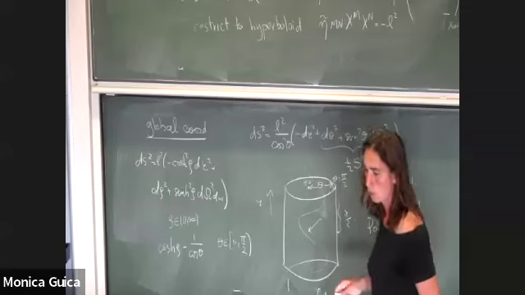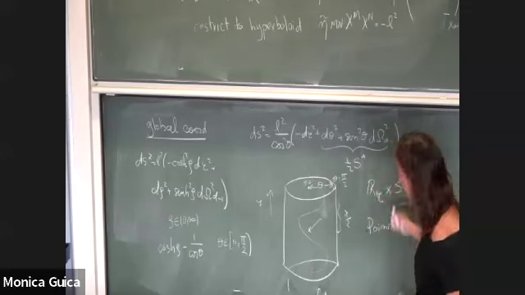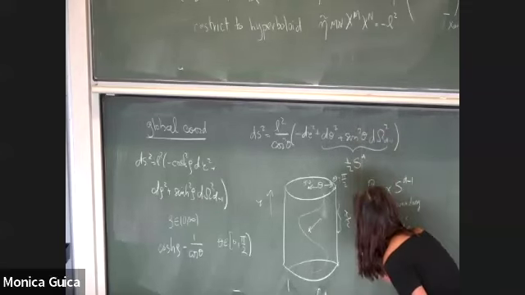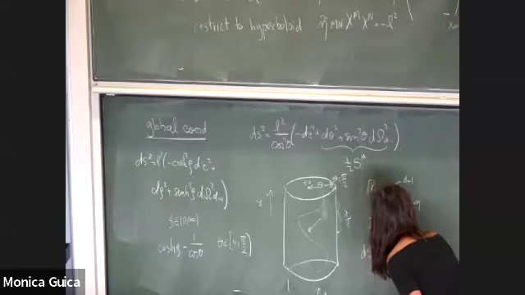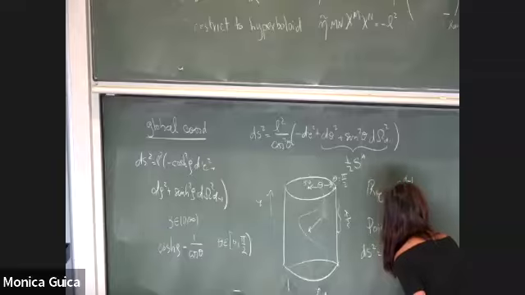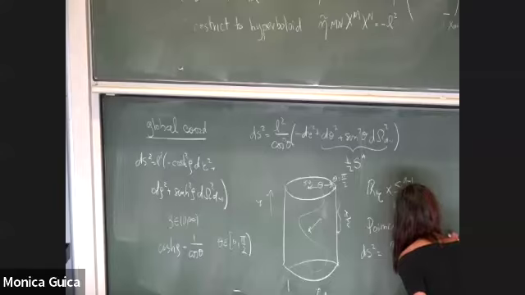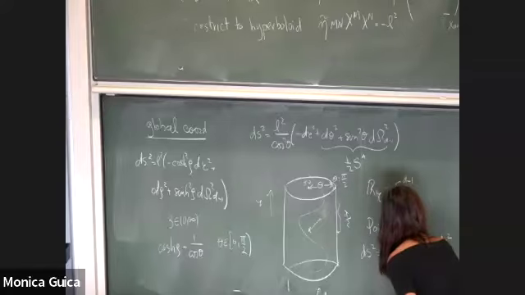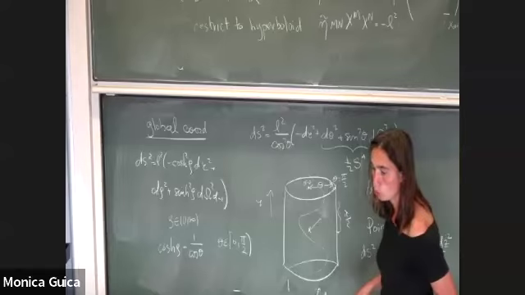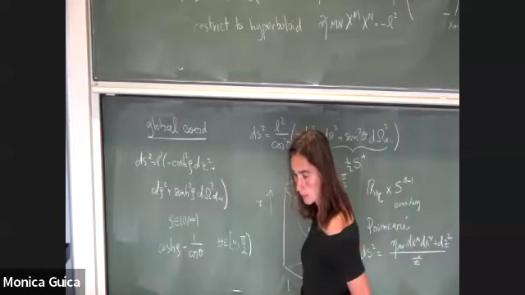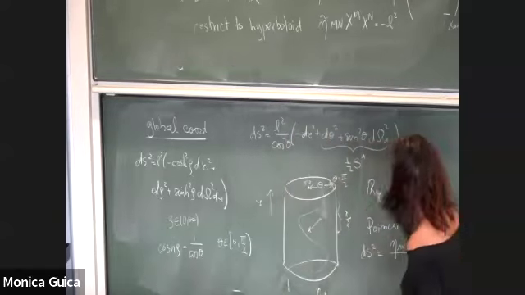You can do a slightly different embedding, and they look something like this: eta mu nu dx mu dx nu plus dz squared, over z squared. Now z is the radial coordinate. z going to 0 is the conformal boundary.